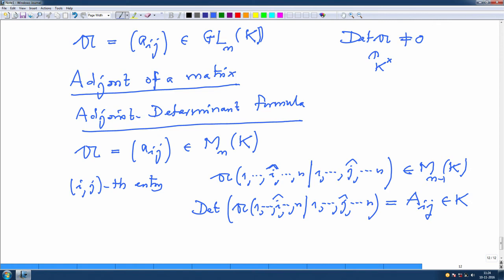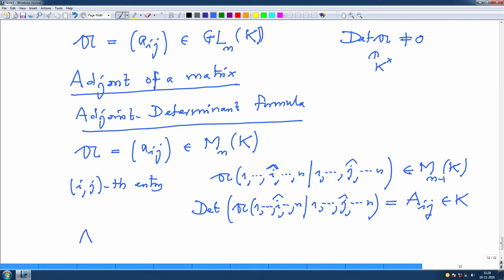If I want to write this scalar as a determinant of a matrix, this can also be thought of as keeping the same thing. I will write a formula and then check.